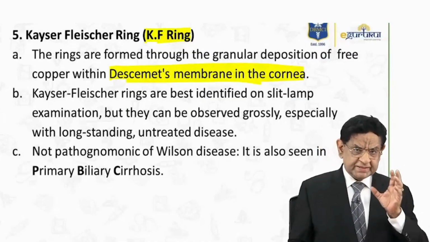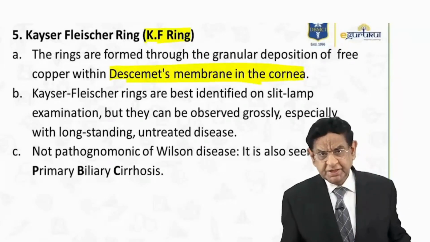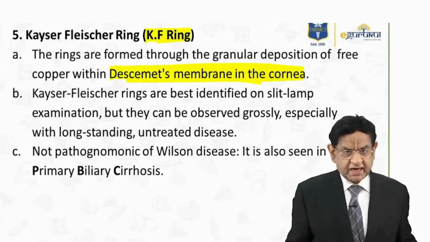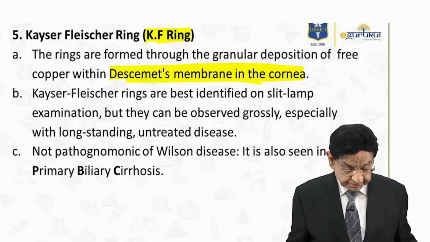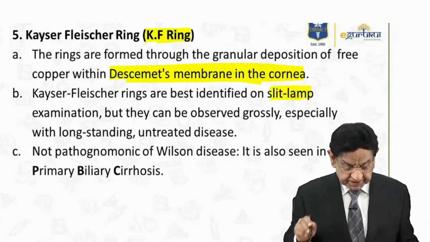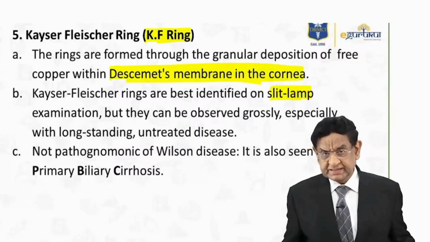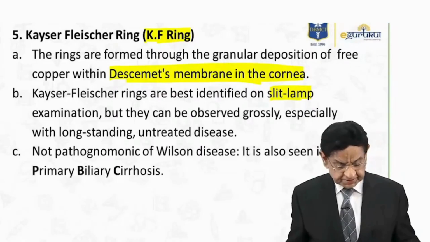The way in the basal ganglia it got deposited in particular places, the putamen, the subthalamic nucleus, similarly in the eyes, in the cornea, typically in the Descemet membrane. How can we see it? We can see it by slit lamp examination.